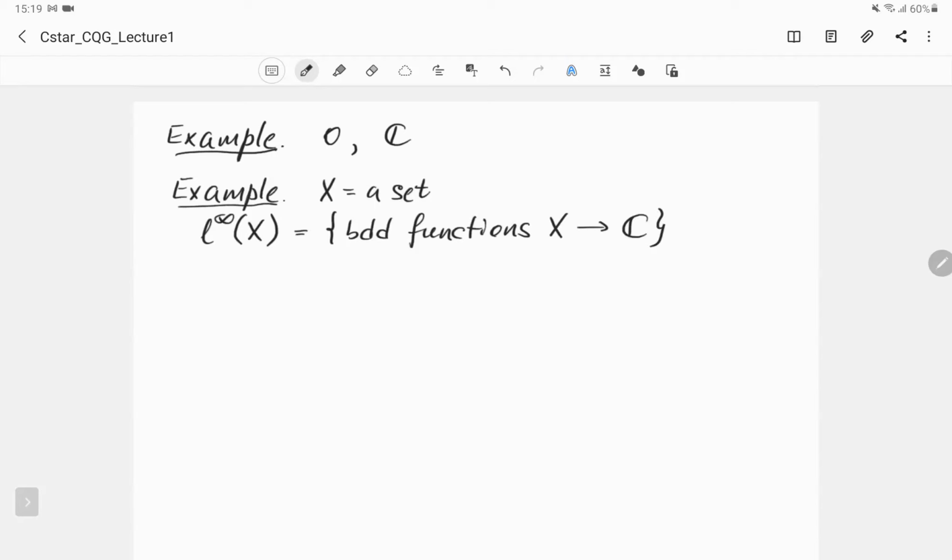Well, of course, it's an algebra with respect to the pointwise product, and it has the canonical norm, the supremum norm. It's easy to see that this is a Banach algebra with respect to the supremum norm.